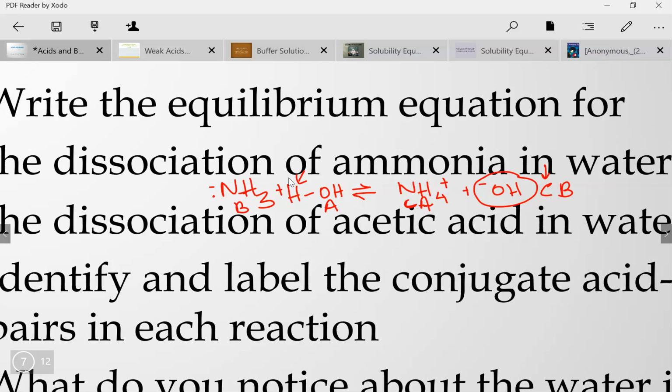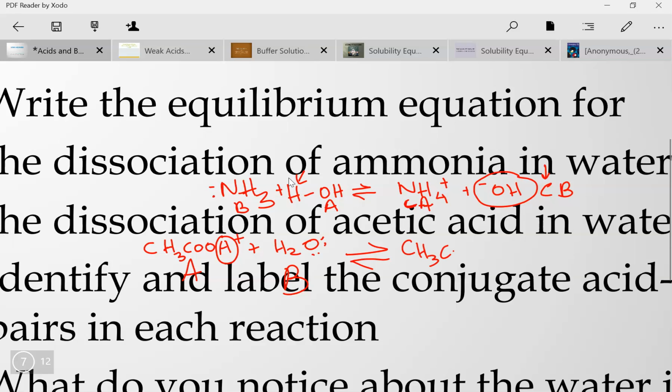So dissociation of acetic acid in water. As the name implies, acetic acid is the acid. So here water is going to act as the base because water also has 2 lone pairs on the oxygen that could potentially accept another hydrogen. So this hydrogen from the acid is going to be given away after it has lost its electron. So the proton is going to be given away.